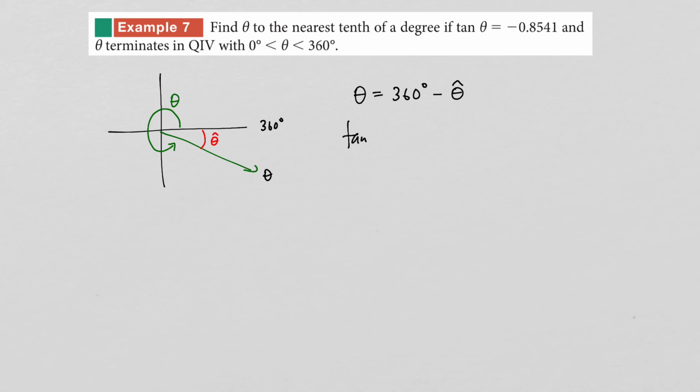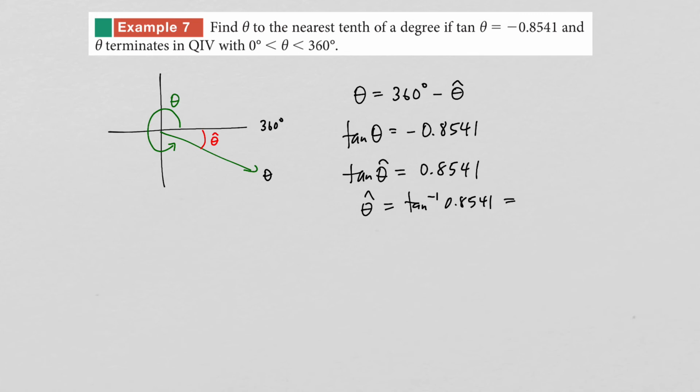Well, we know the tangent of theta is negative 0.8541, and that means the tangent of theta hat is positive 0.8541. And then we can solve for theta hat by doing the inverse tangent of this value.